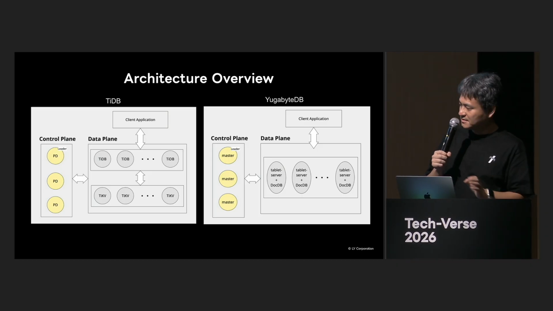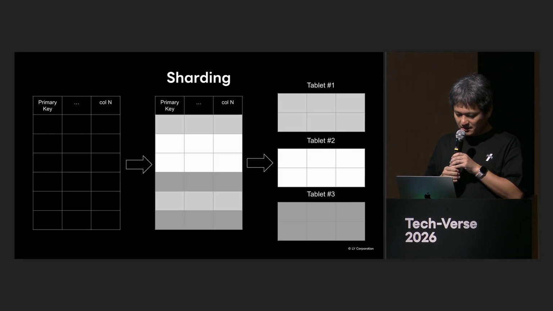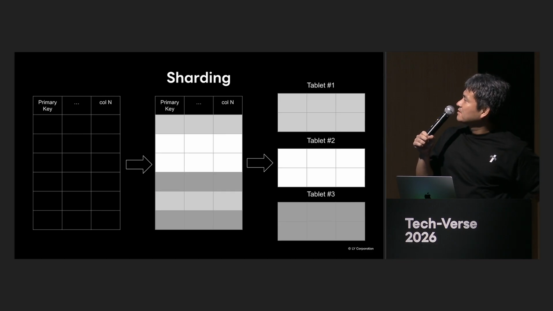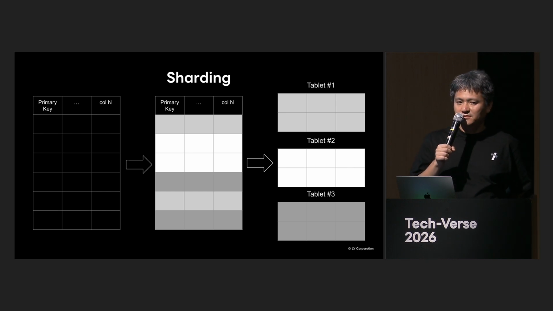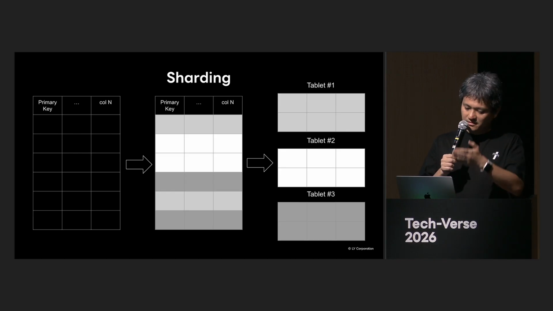At this level of abstraction, HBase actually has the same structure, but the biggest difference is how the data is replicated. It uses Raft. For distributed processing, it employs a method known as sharding. Many of you are probably familiar with sharding.